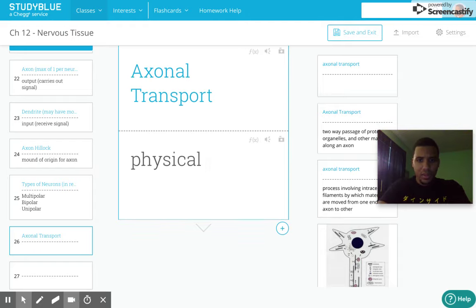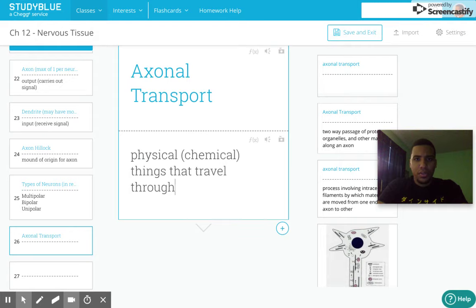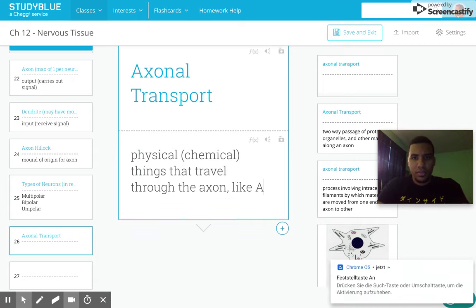So physical, slash, tangible things. Well, electricity is tangible too, so we're just going to put physical, parentheses, chemical, things that travel through the axon, like ACh.